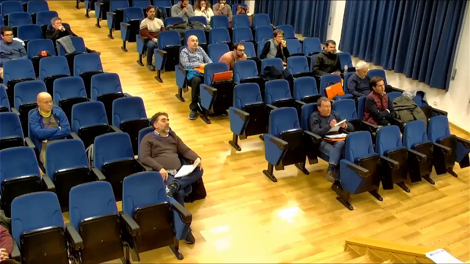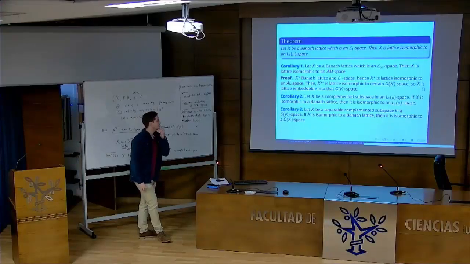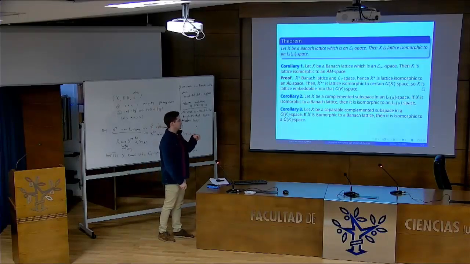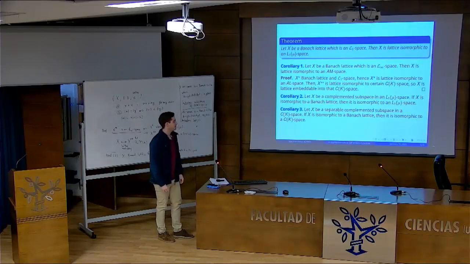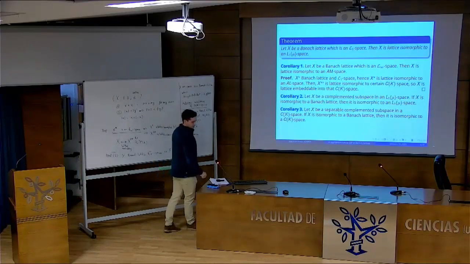Another consequence is this: if X is a separable complemented subspace in a C(K) space which is isomorphic to a Banach lattice, then it's isomorphic to a C(K) space.